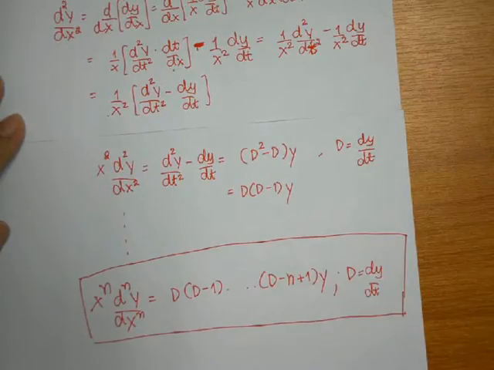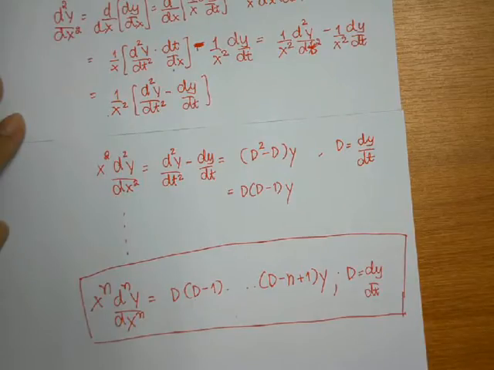So by our definition, we can change the Cauchy-Euler equation in terms of a differential equation with constant coefficients. But remember that the D in this formula means dy by dt.